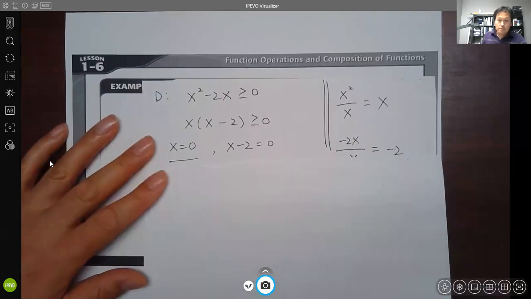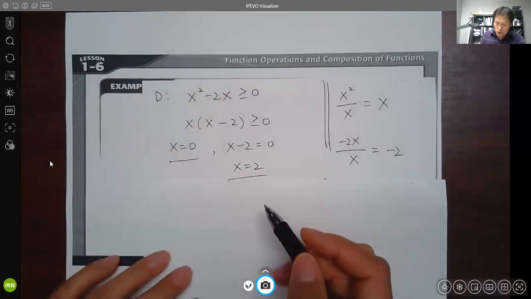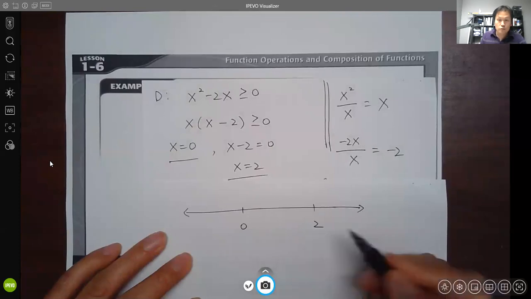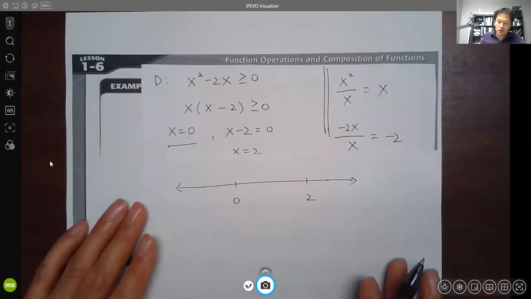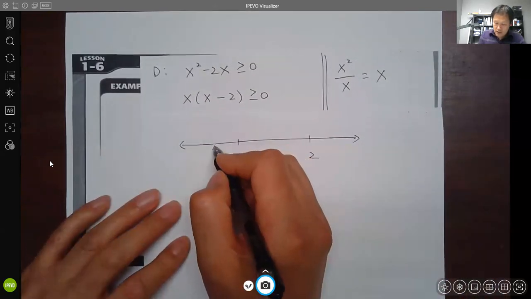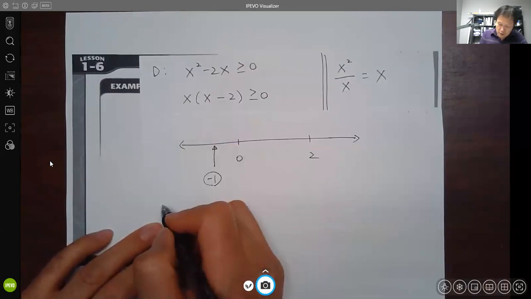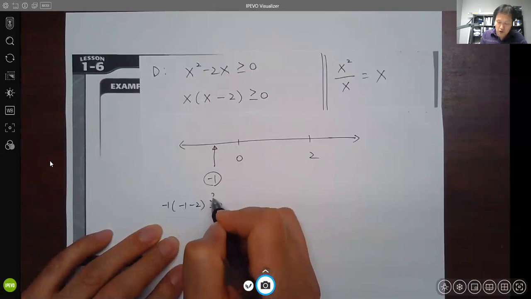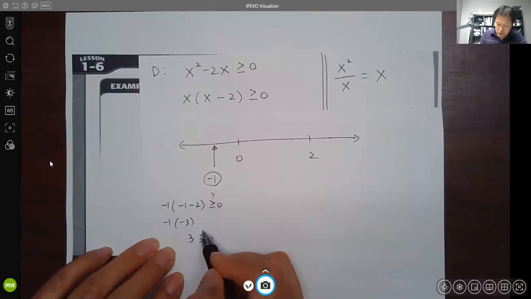So right here, you can do 0 and 2. You can just draw the number line with 0 and 2. Then you have 3 different intervals, and you're checking against this inequality. You can pick a sample number here, like minus 1, and plug in minus 1 for x. Minus 1 times minus 1 minus 2, greater than or equal to 0, you're checking it. Minus 1 times minus 3, that's 3, greater than or equal to 0?